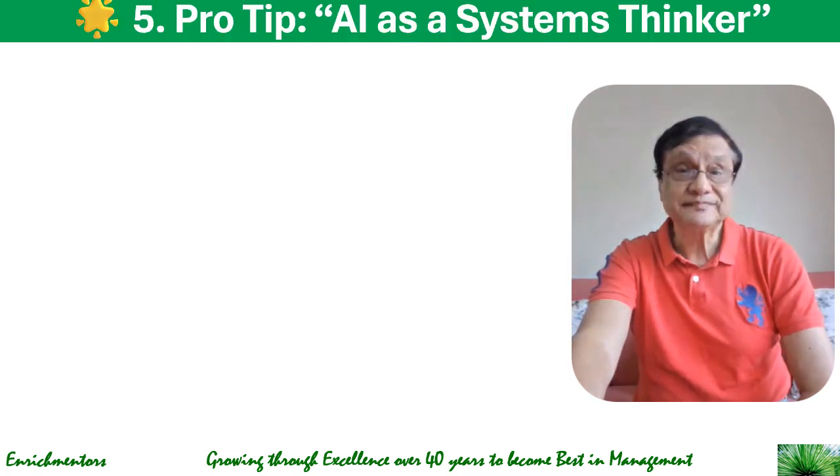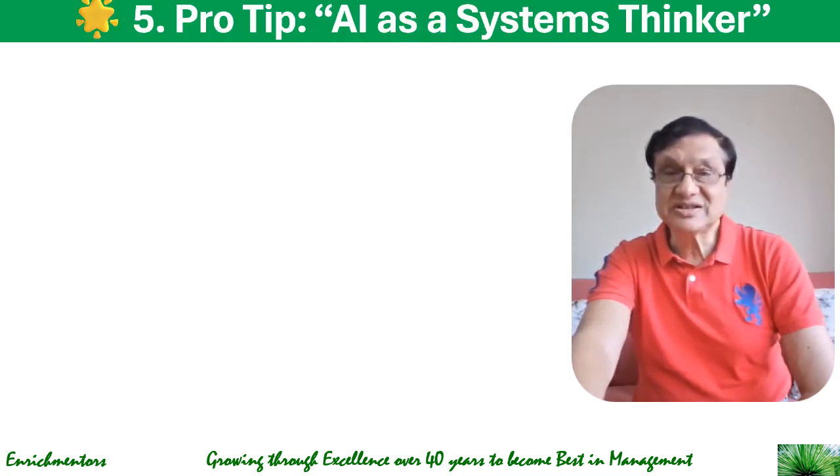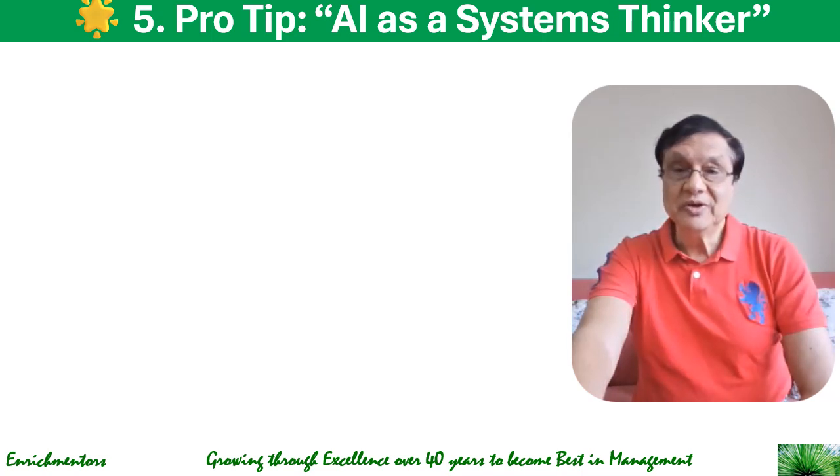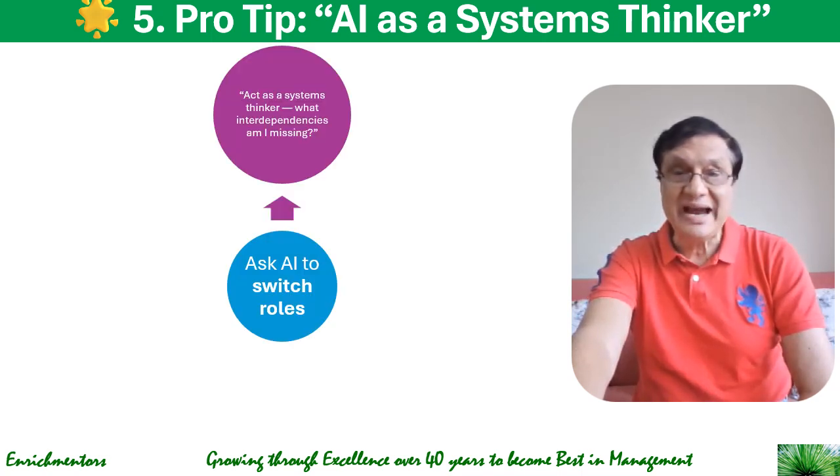Fast, isn't it? So remember to use AI as a system thinker. We asked it to act as a strategist, and now you can also ask it to switch roles. You can ask AI to act as a system thinker by asking a different question like what interdependencies am I missing?